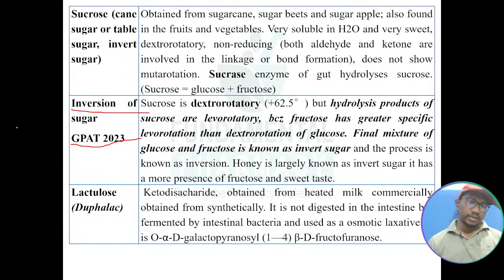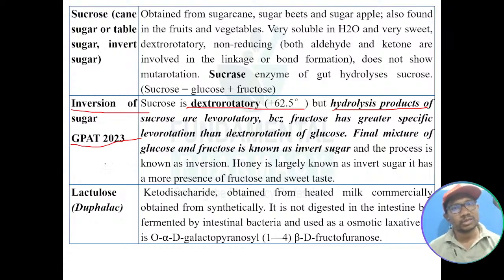The answer lies in this paragraph. If you check the optical rotation of a freshly prepared sucrose solution, initially it will come dextro; sucrose is dextrorotatory. Now if you add some acid to the sucrose solution, hydrolysis happens. What will the hydrolysis product be? Glucose and fructose.